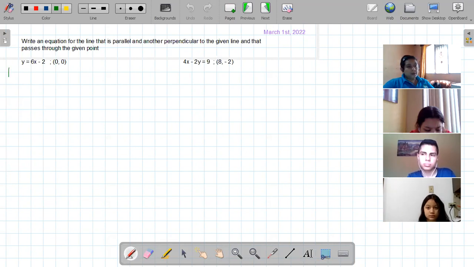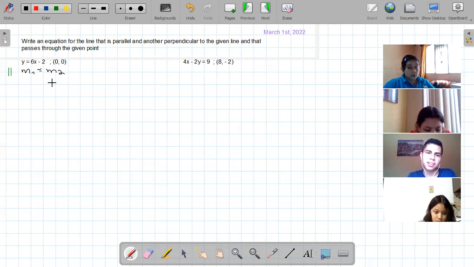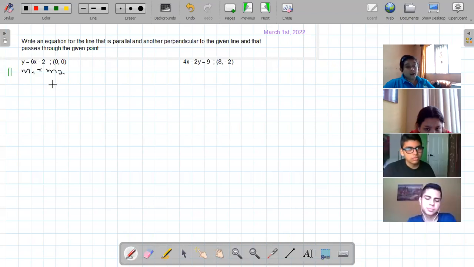Okay, so for the parallel one, I've got the formula that M1 has to be equal to M2 in order for them to be parallel, okay? What type of form is this written in? Is it written in standard form? Is it written in point slope? Is it written in slope intercept? In slope intercept form. Very good.